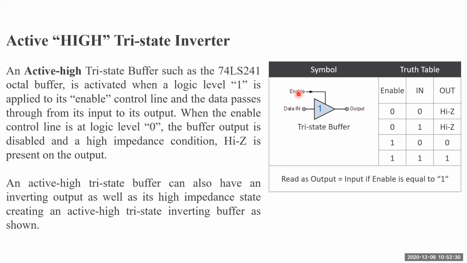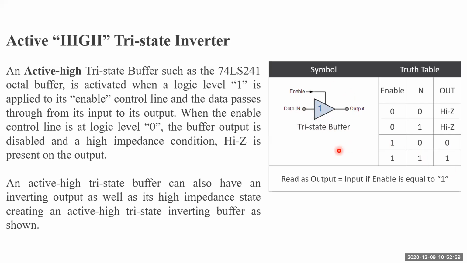Now, whenever enable equals 1, whatever input you supply will be passed to the output. It means that if you supply input equal to 0, depending upon the enable, the circuit is now closed, and the same input will be passed to the output, so data in 0 will be equal to 0, and data in 1 will be 1.